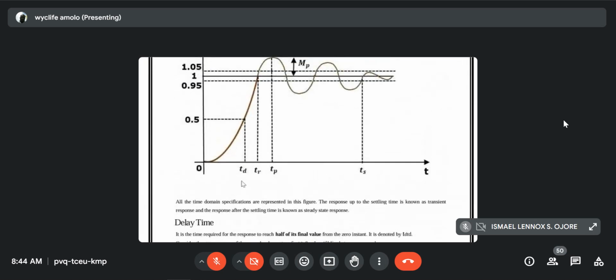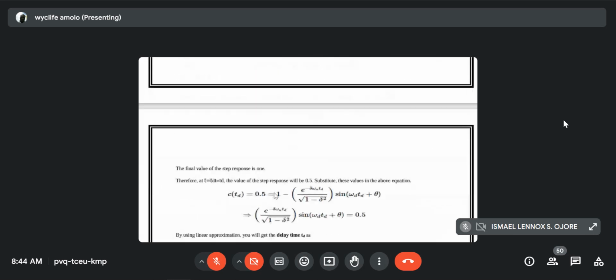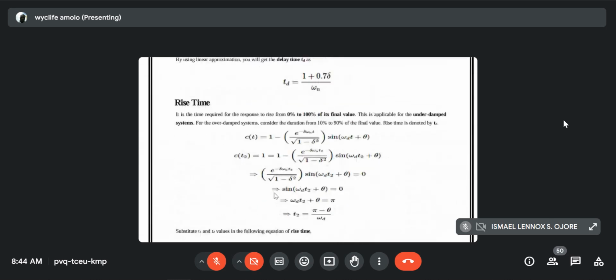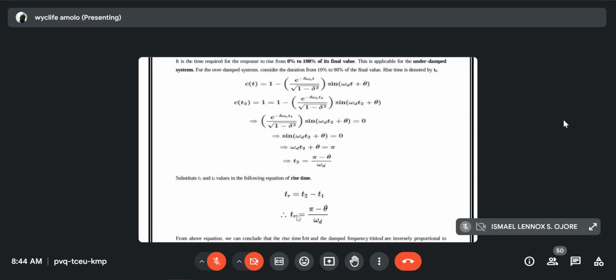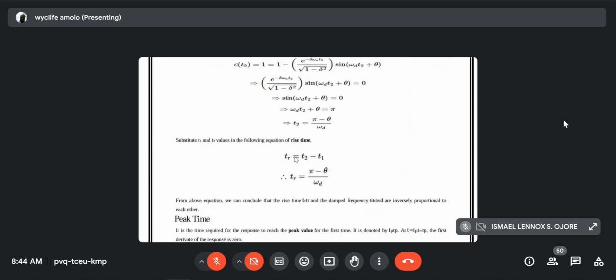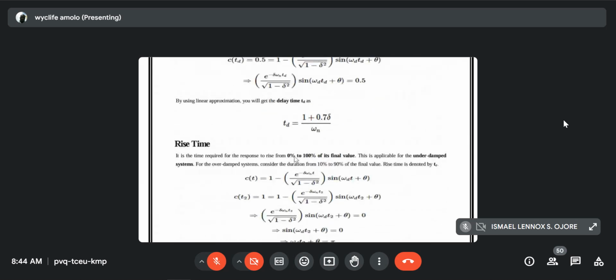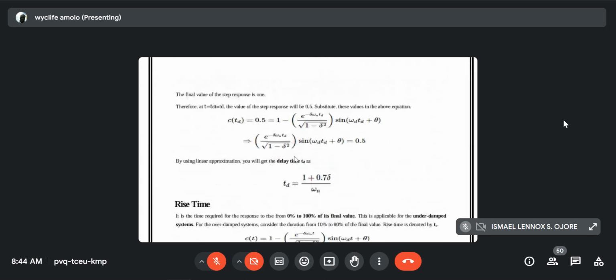TD is the delay time. Why do that T2 there for TR? The rise time is TR. This is written as T2 here. Okay, TR is T2 minus T1. So rise time is T2 minus T1.